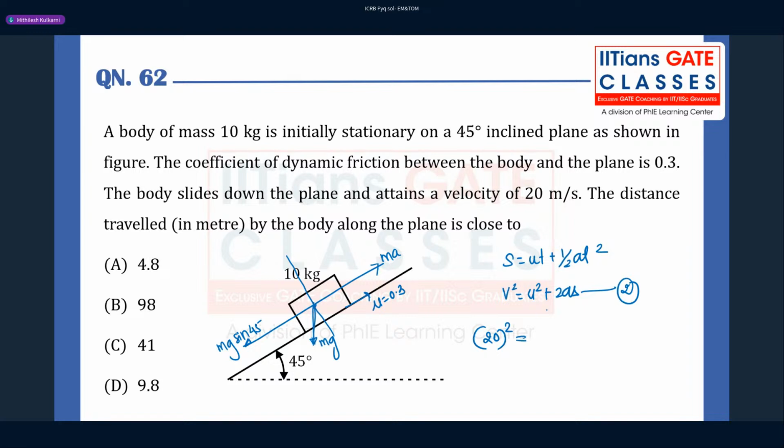So better to use equation number 2. So 20 square is equal to 0 square plus 2 times acceleration into distance. So in this case, if we calculate the acceleration, we will be able to solve it.